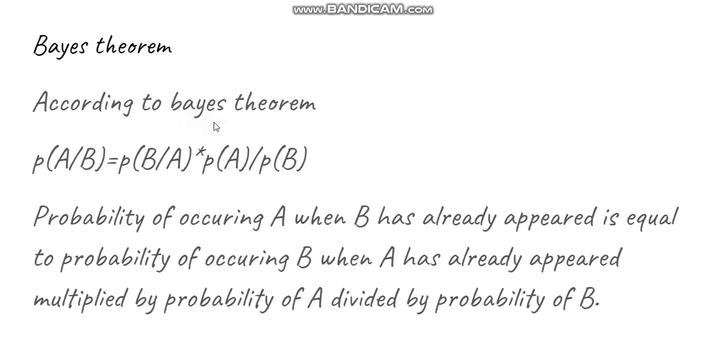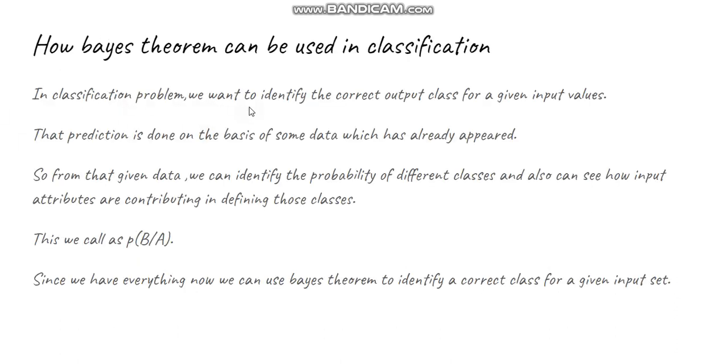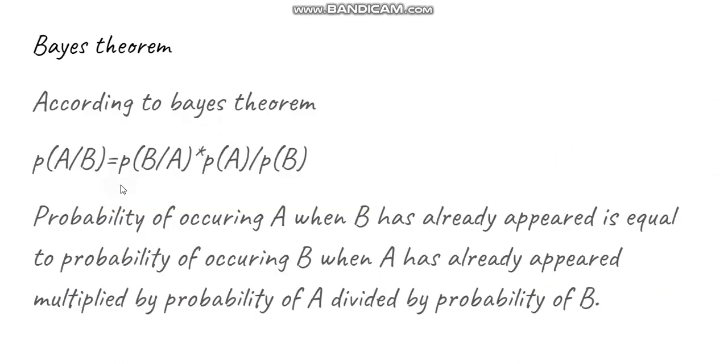Let us discuss it more. In a classification problem, we want to identify the correct class for given input values. The prediction is done on the basis of data which has already appeared. Similar data has already appeared, and you know the correct classes. That helps in calculating P(B|A).